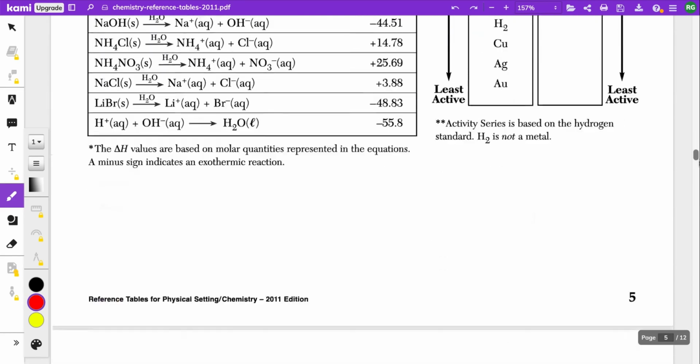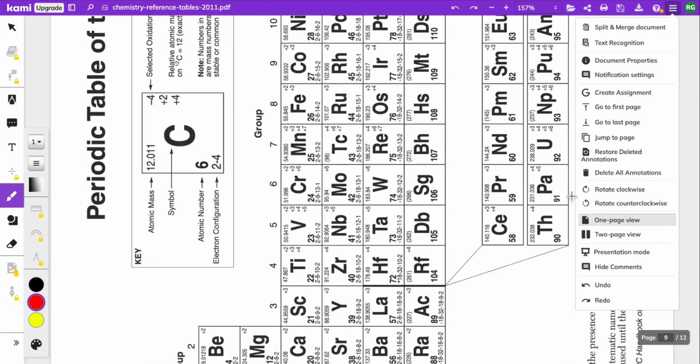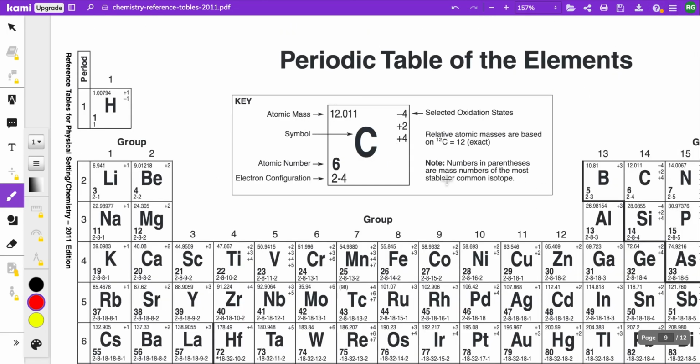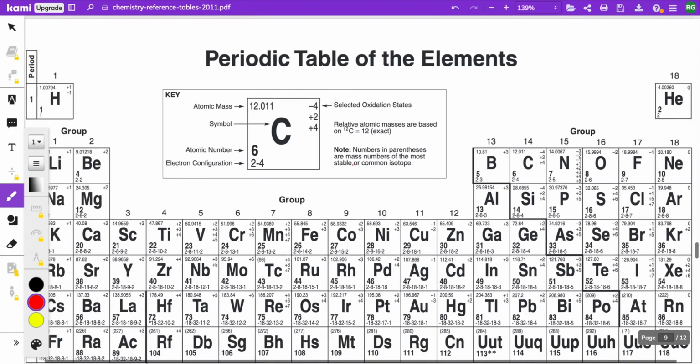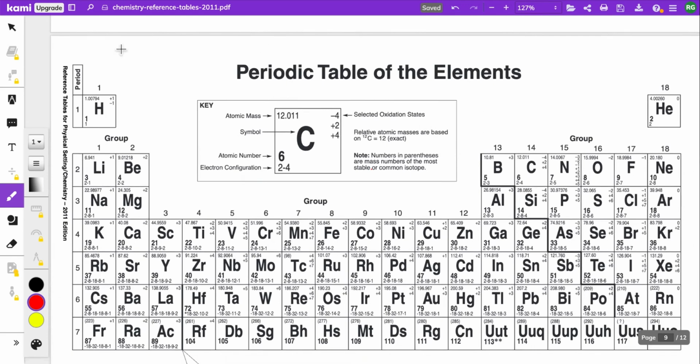And I deleted all the annotations here, so you're not going to see them, but you have something called diatomics. Diatomics are atoms that, when they exist in their natural state, for example, hydrogen gas. Hydrogen in its natural state is actually bonded to another hydrogen.